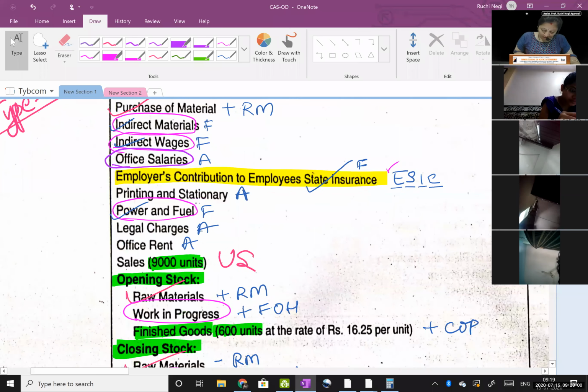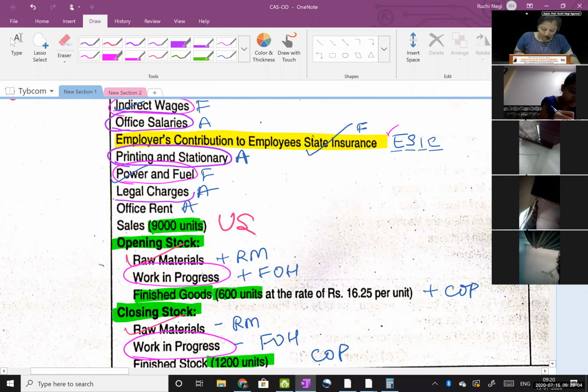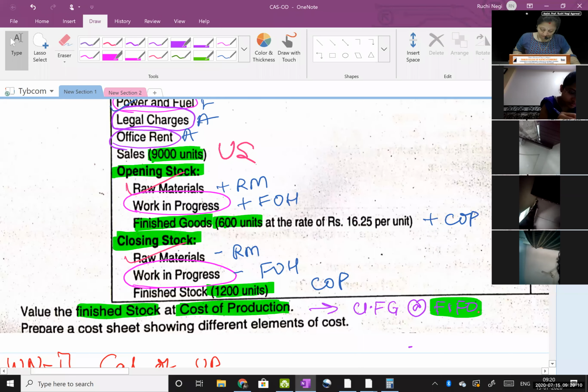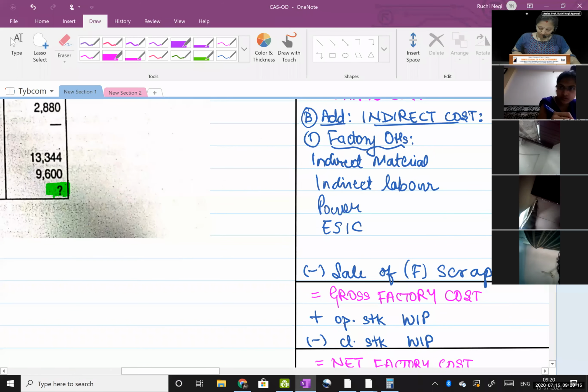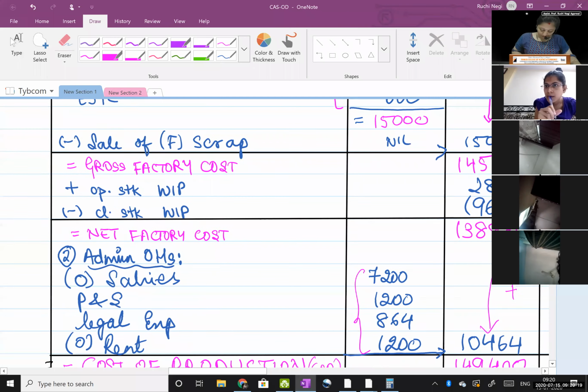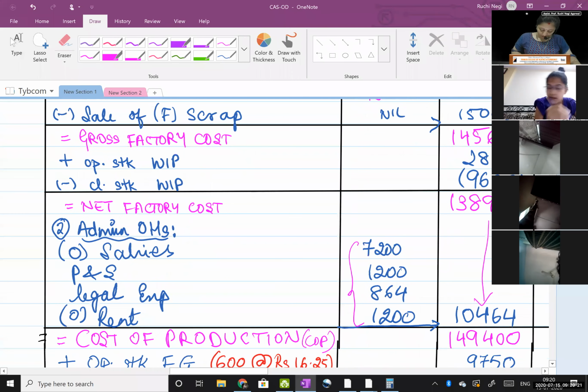We have printing and stationery. We have legal charges. We have office rent. Yeah, that's it. Let us write like this.